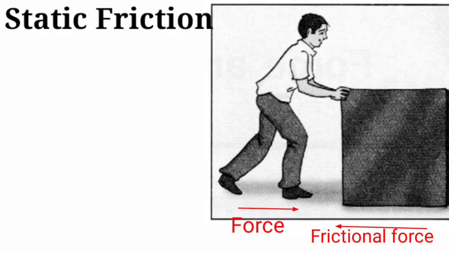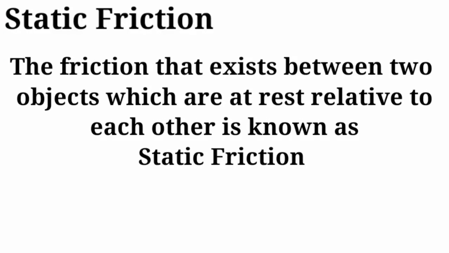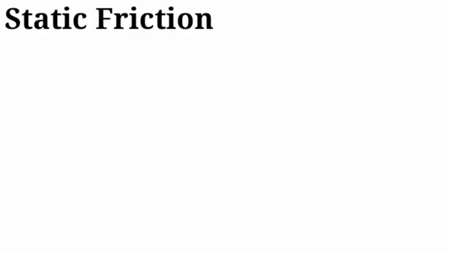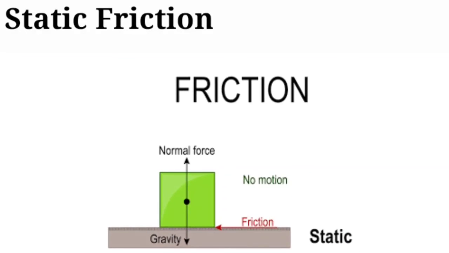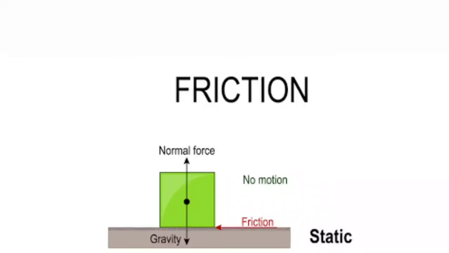The force that you apply is balanced by the frictional force by the floor. This frictional force is known as static friction. The friction that exists between two objects that are at rest relative to each other is known as static friction. Means in static friction there is no movement in the object.